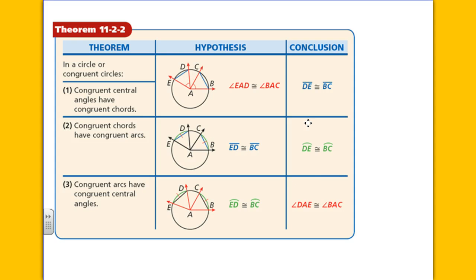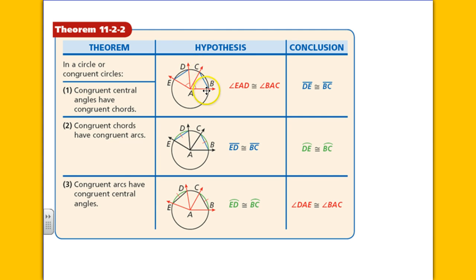We have theorems related to congruent circles. In a given circle or in congruent circles, first we could say that congruent central angles will have congruent chords. Okay, so chord ED is congruent to chord BC.